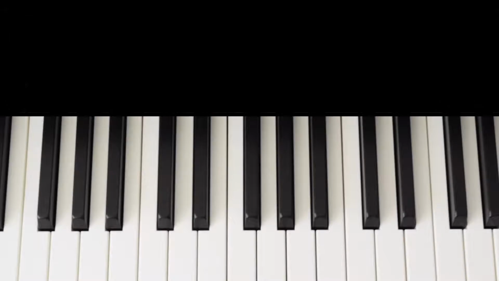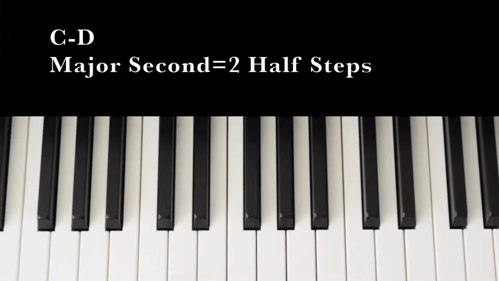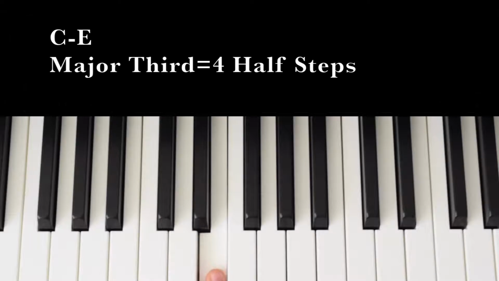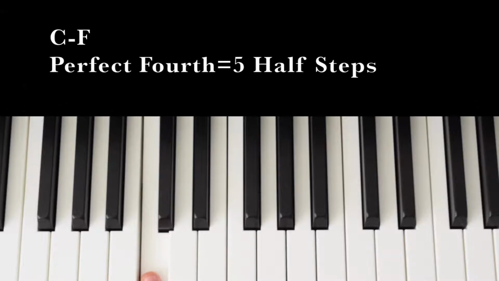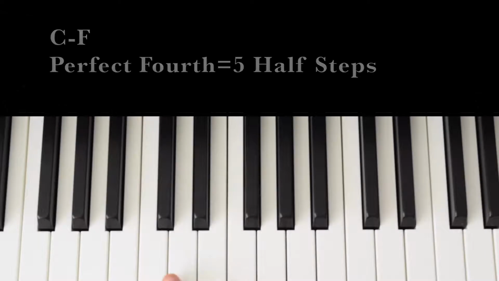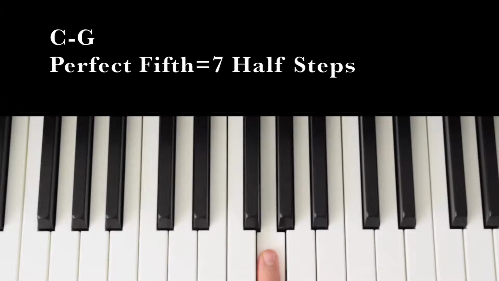These are the same exact intervals, but this time with their proper names. So C to D, major second, 2 half steps. C to E, major third, 4 half steps. C to F, perfect fourth, 5 half steps. C to G, perfect fifth, 7 half steps.